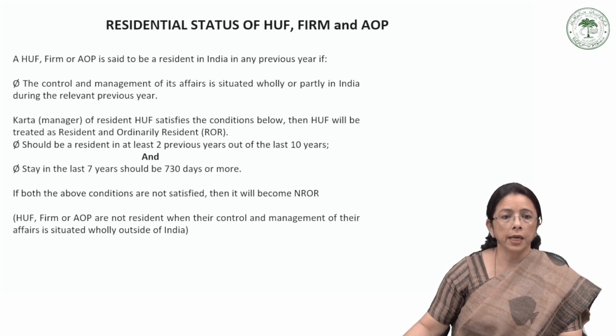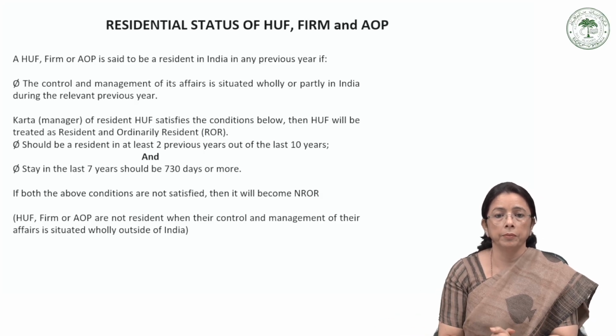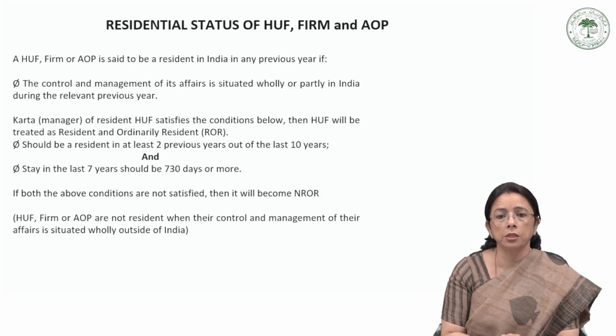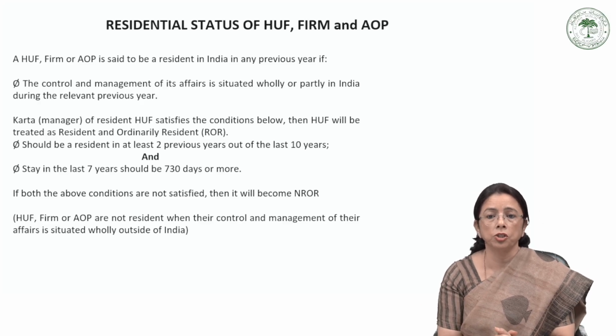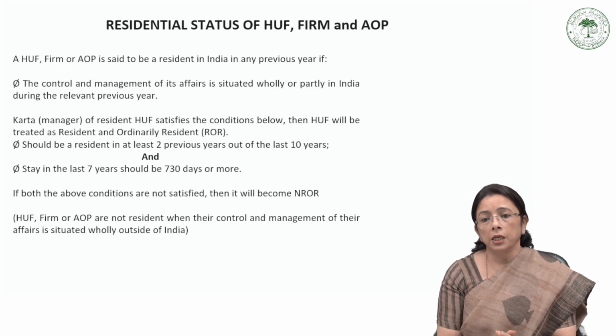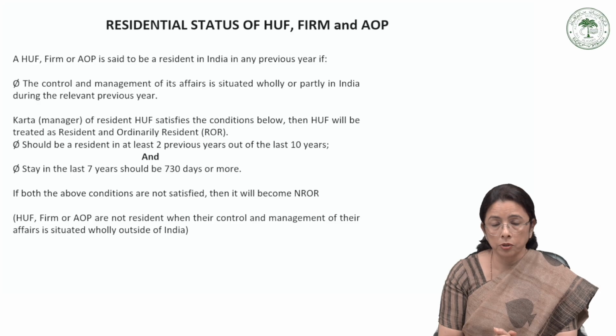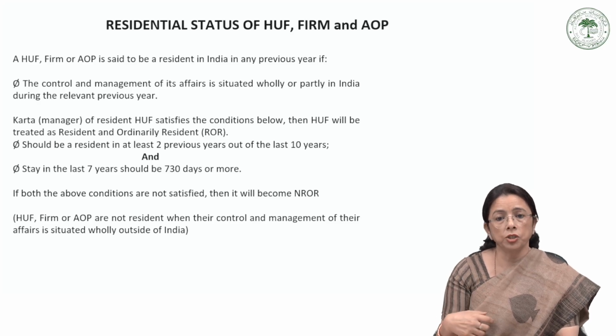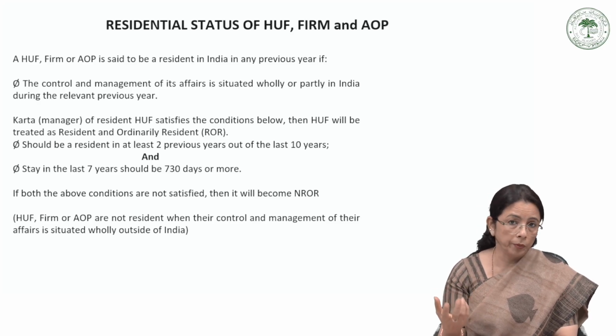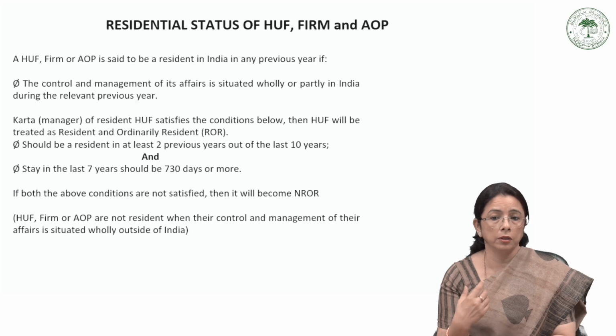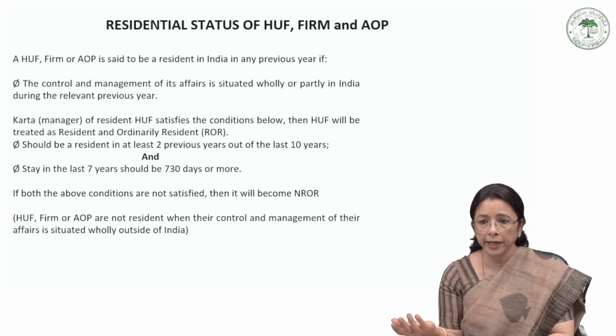We can explain it better with the help of an example. Suppose the major policy decisions of a partnership firm are taken in Mumbai, even though its branches operate in Dubai or Delhi or Singapore or anywhere else.